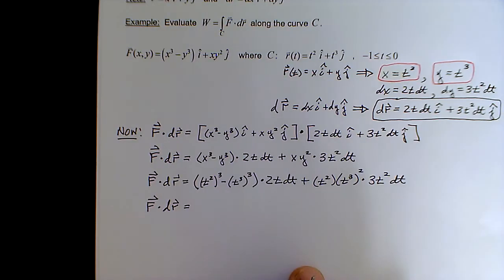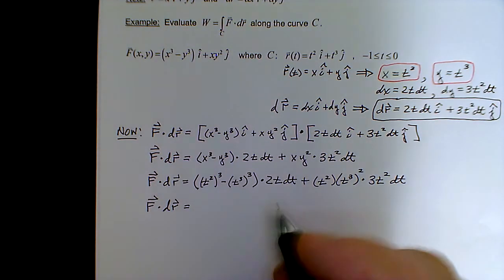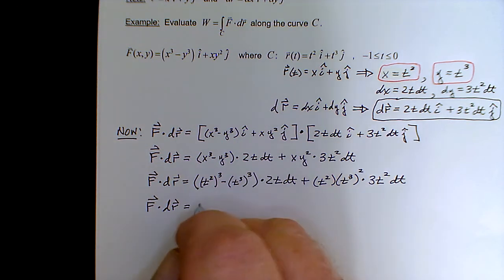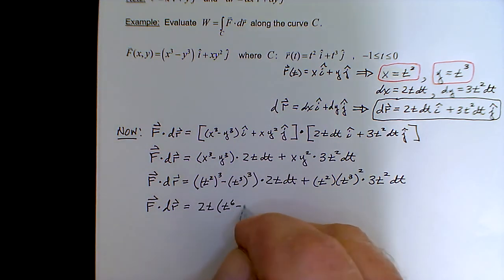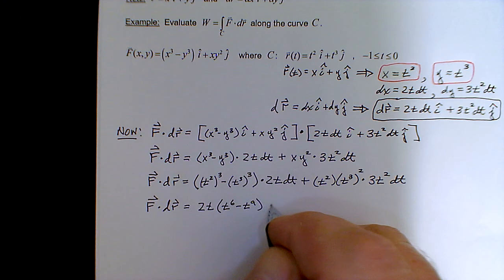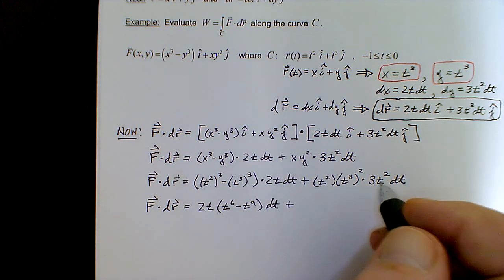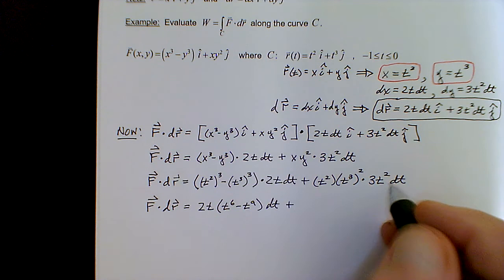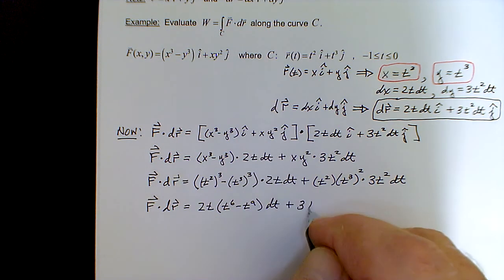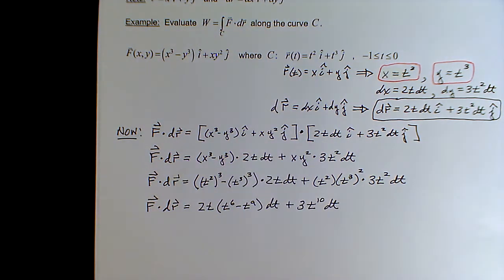Okay, so now f dot dr is simplifying this. We get, well, let me bring the 2t out in front. This gives t to the 6th minus t to the 9th times dt. And then plus, this is just t to the 6th, t to the 8th, t to the 10th, 3t to the 10th times dt.